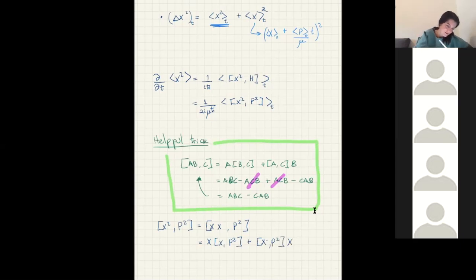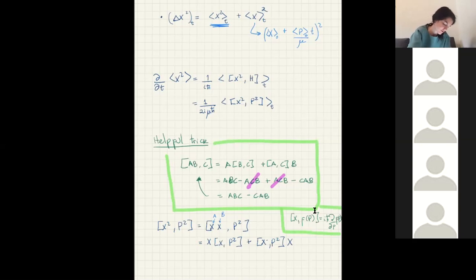I just took, this is like our A and this is like our B. Okay. But for the commutator, there's another helpful trick that we did before, that we know that the commutator of x and f of p is just i h bar d dp of f of p, right? We went over this again in the beginning of this class today, how to do this commutator.